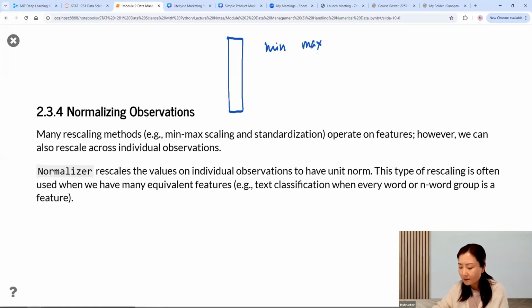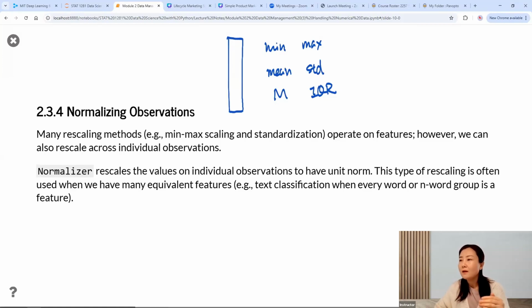For the standardizer, we calculate mean and standard deviation, and use them to scale the data. For the robust scaler, we calculate the median and the interquartile range. So all of them are about a column. It calculates these statistics for each column individually, and then uses them to scale or process each column respectively.